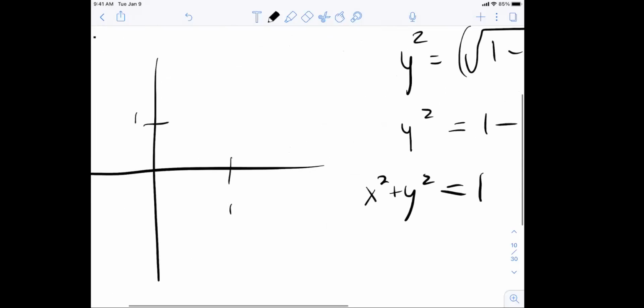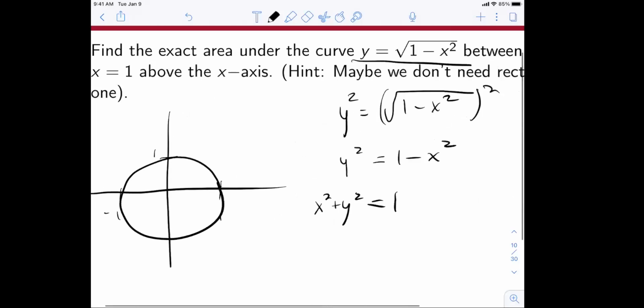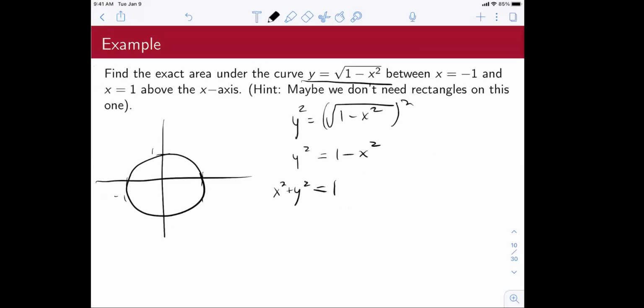So x squared plus y squared equals 1 is the circle of radius 1. However, we started off with just y equals the positive square root of 1 minus x squared. So we shouldn't have y be below the x-axis at all. So really, we only want the top half of the circle of radius 1. Okay. So this question is asking us to find the area of really half of a circle of radius 1.